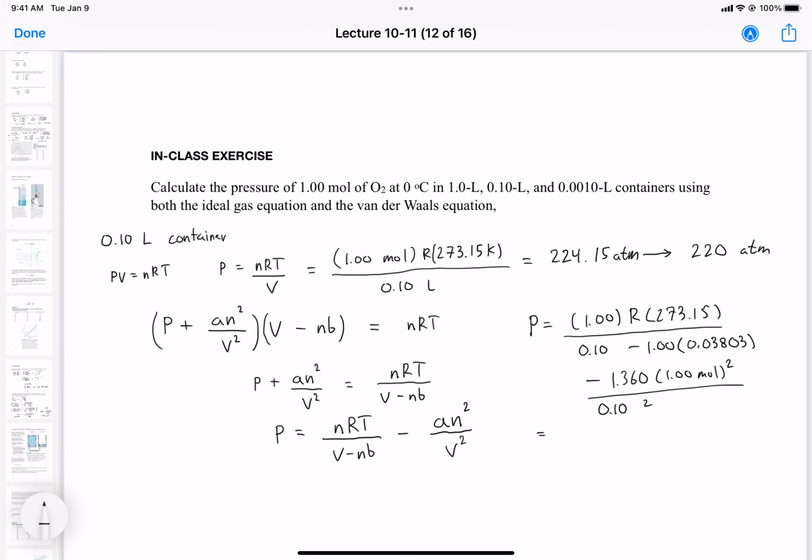Yeah, so it's 0.1 minus 0.03803 minus 1.360, divided by 0.1 squared.